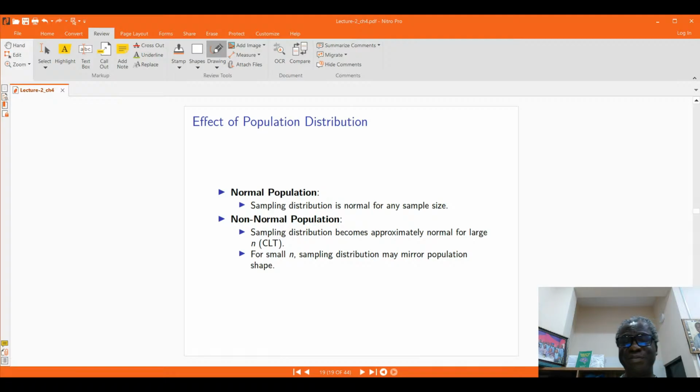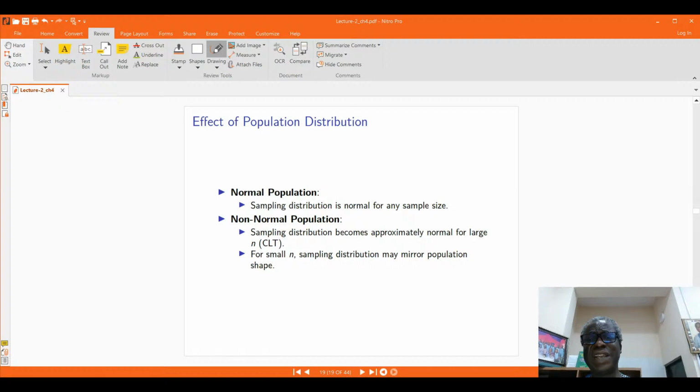But if the population distribution is not normal, then under the central limit theorem, you need a large sample for the sampling distribution to be approximately normal.